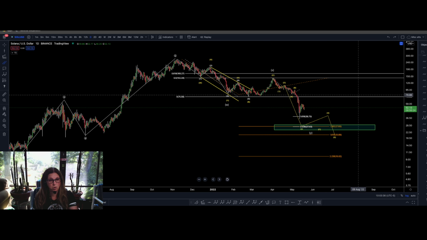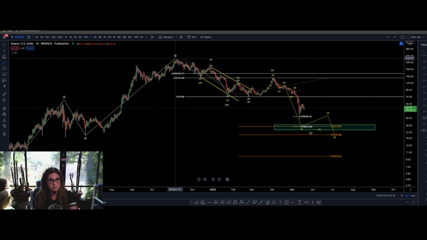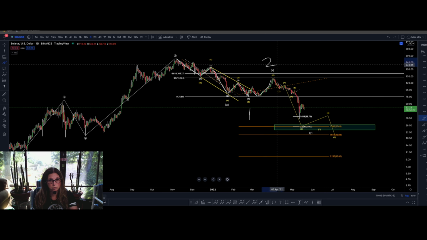it means it's the alternate count, and that it's this diagonal of 1, 2, 3, 4, 5. Completely valid. It's all threes. It means this was a pullback, and this is a 1, and this is a 2.